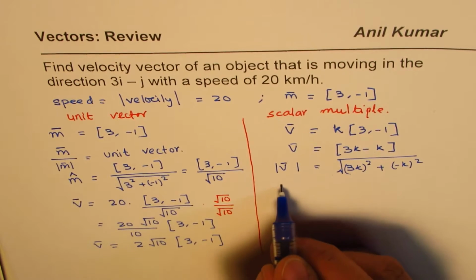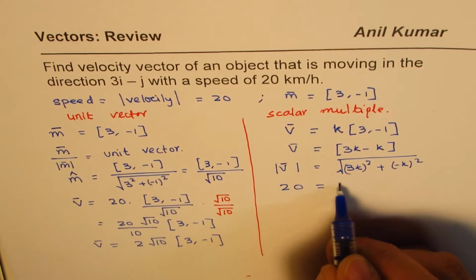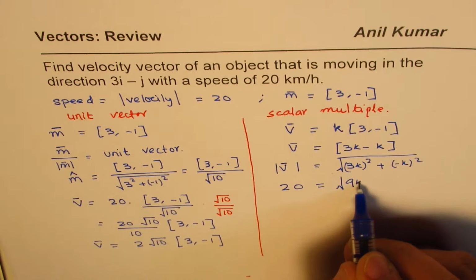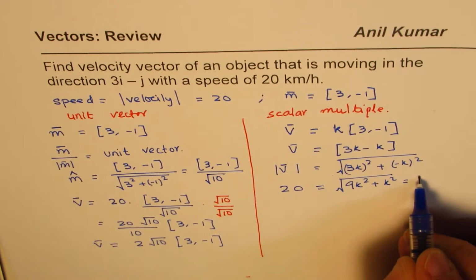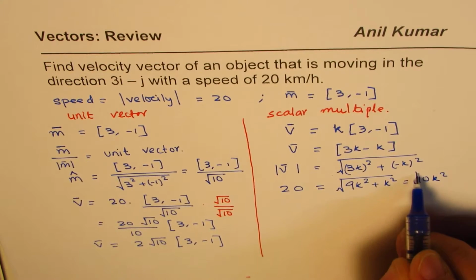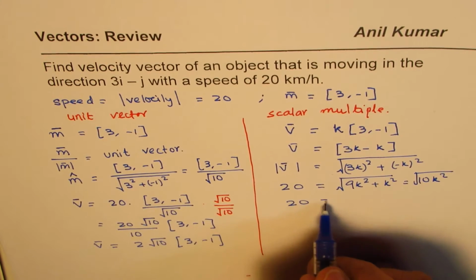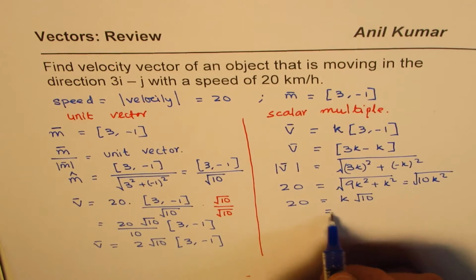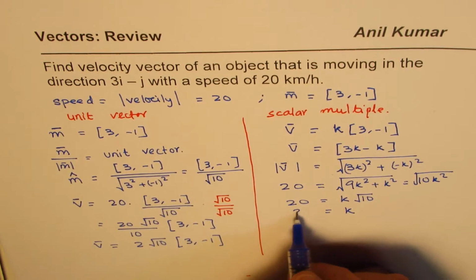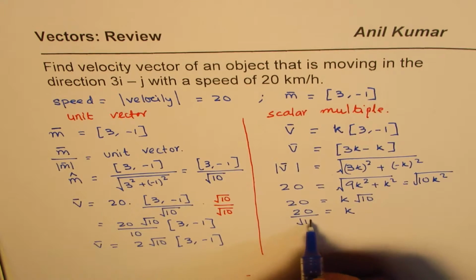We are given this magnitude to be 20. So 20 equals the square root of 9k squared plus k squared, which is 10k squared. Or you can say 20 equals k square root of 10, so the value of k is 20 divided by the square root of 10.